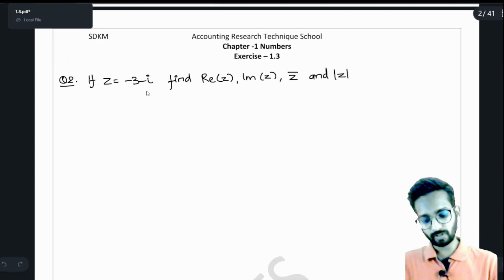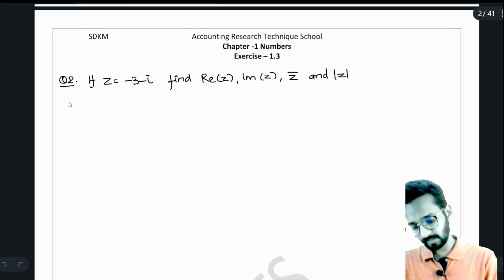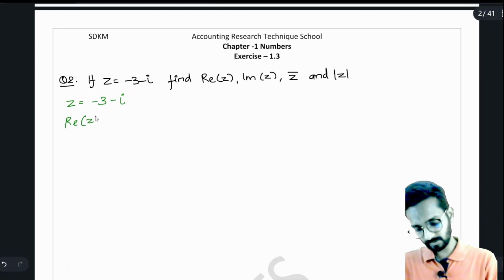Now we will solve the second question we have. If z is equal to negative 3 minus i, find the real part in that complex number, find the imaginary part, find z bar and find mod of z. So, we will solve it one by one. If z is negative 3 minus i, so the real part here is negative 3, simple.